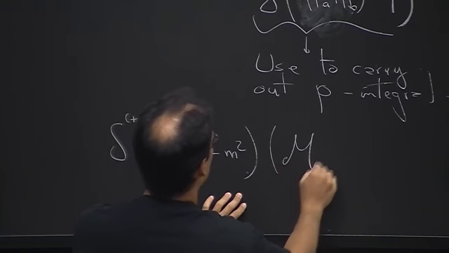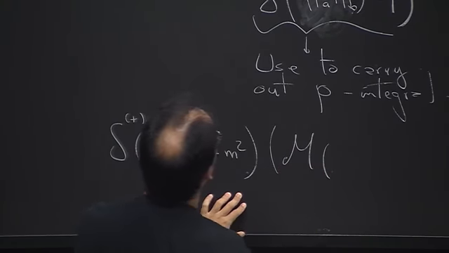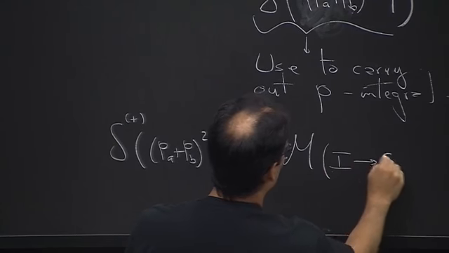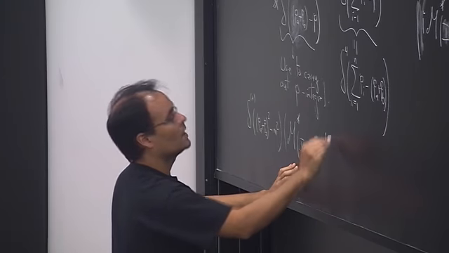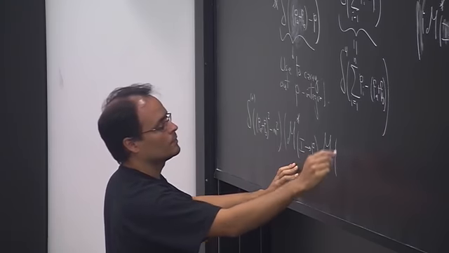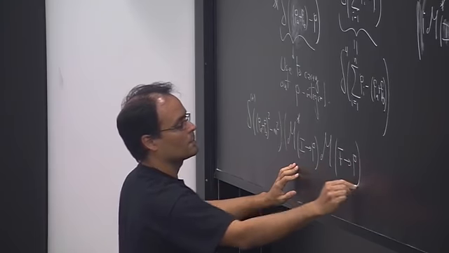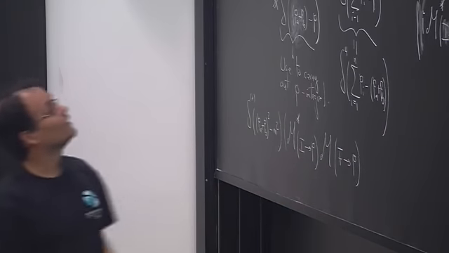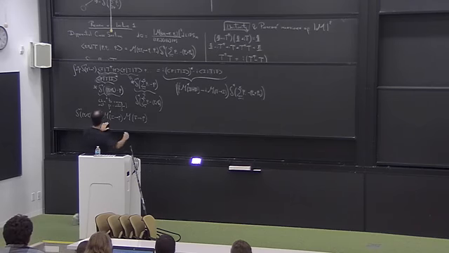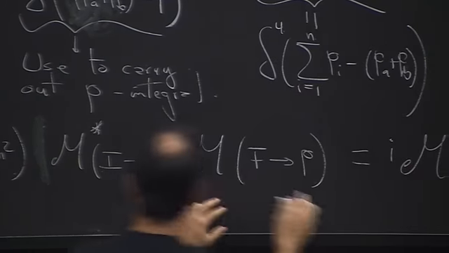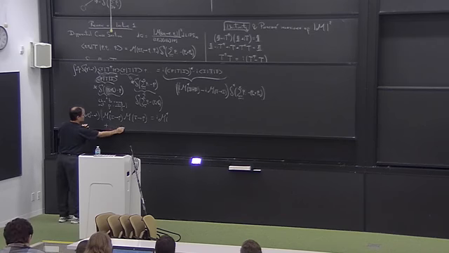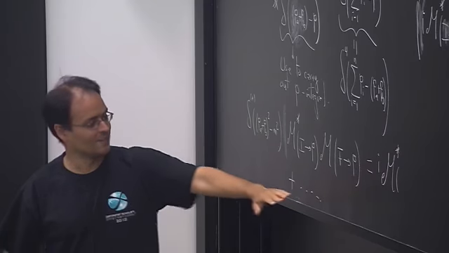So we find M from I to P star times M from F to P. Okay? This has to be equal to I. Of course, this plus the next courses, okay?